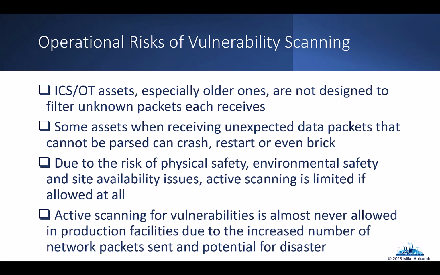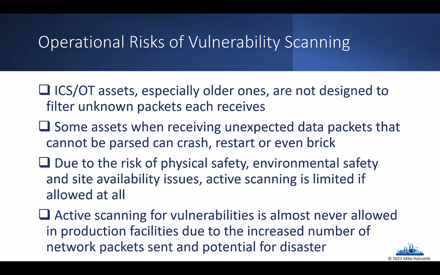So if there's systems that physical and environmental safety rely on, or the site availability, staying up and running relies on, we're not going to scan those. There's a case to be said about data historians. You know what? Safety doesn't rely on data historians, and keeping the site up doesn't rely on data historians. And if I have a data historian that runs Windows, you know what? Scan it all you want. Patch it even.